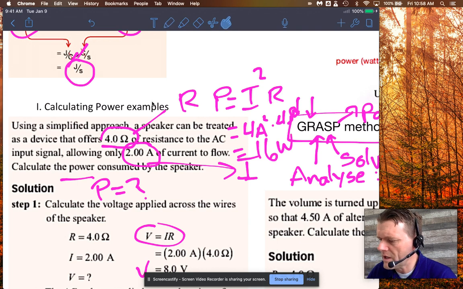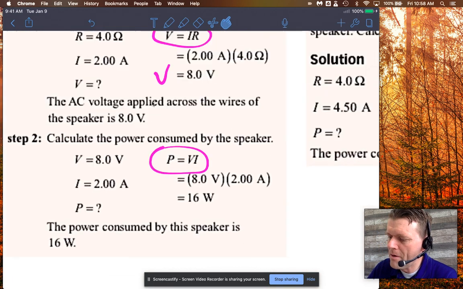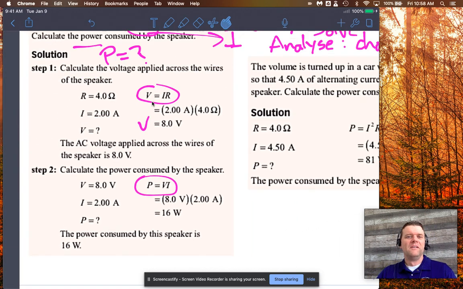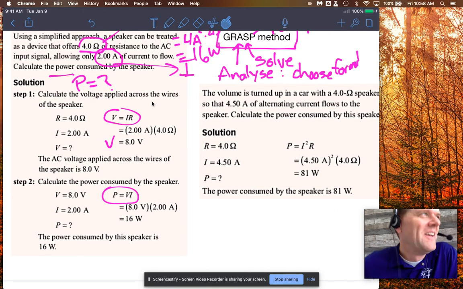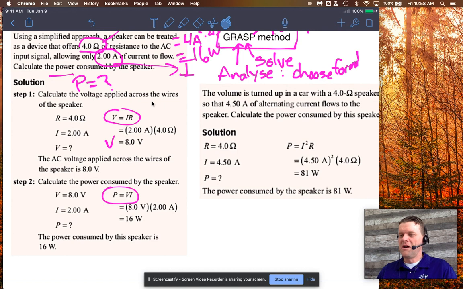Now let's see, is that the same answer as we got down here? Boom, look at that. Okay. So there you go. It just shows you that using the variables and the formulas, we actually solved that in 2 ways, because the relationships hold all the way across.